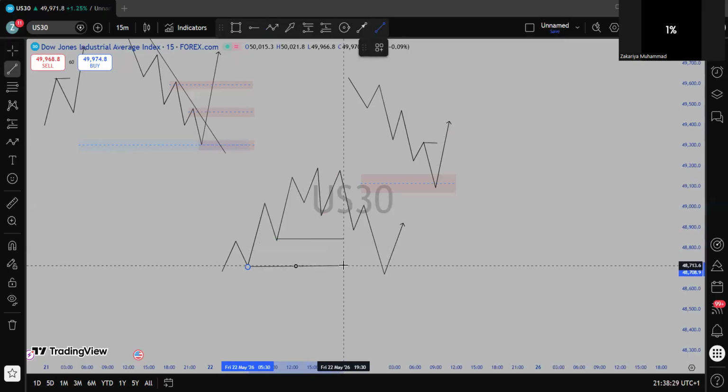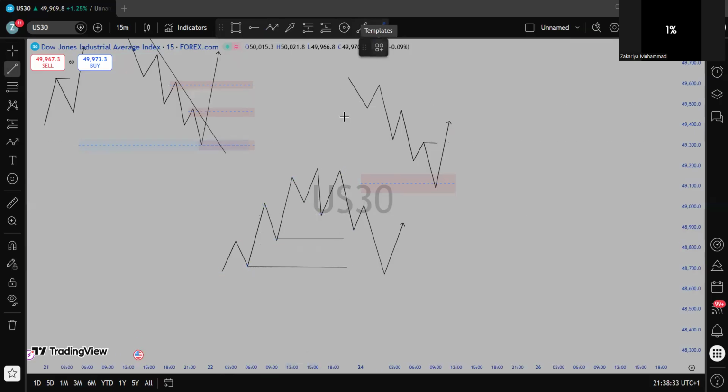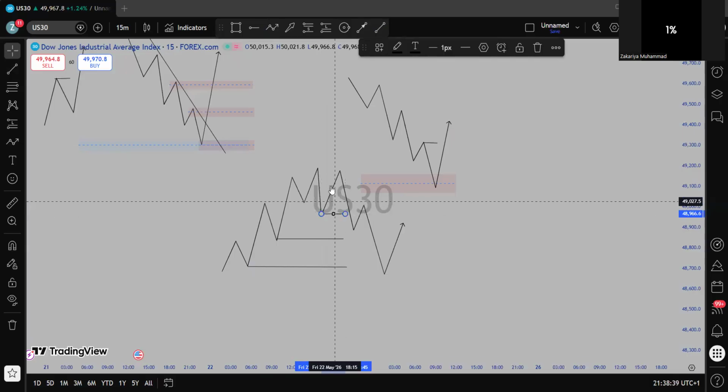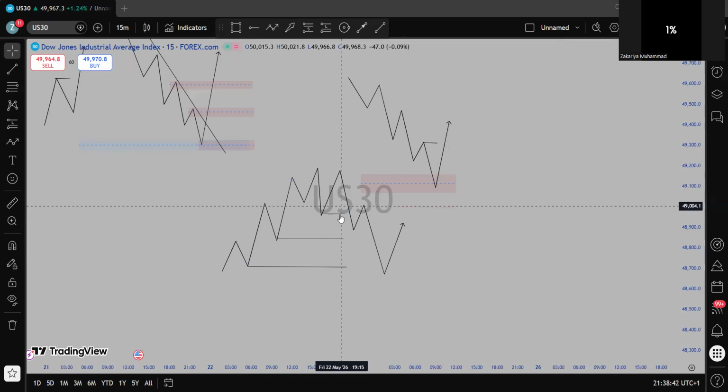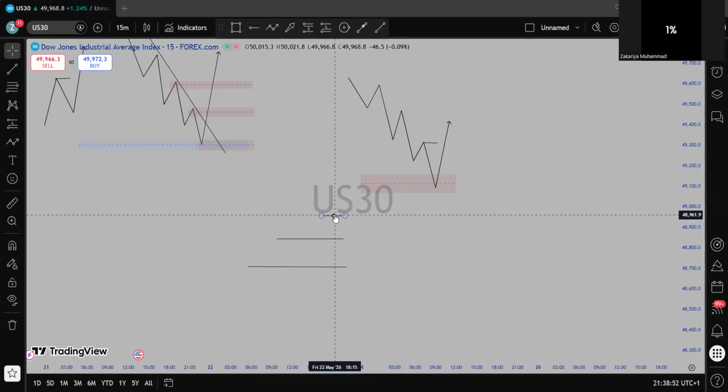So this is called double break of structure or multiple break of structure. It might break different structures as market was selling down. So do you understand what I meant by multiple break of structure? Yeah. Right. So this is how you consider a multiple break of structure, a market structure shift.